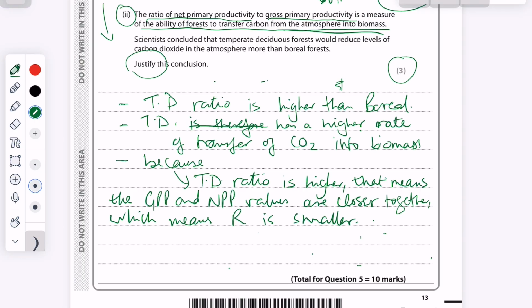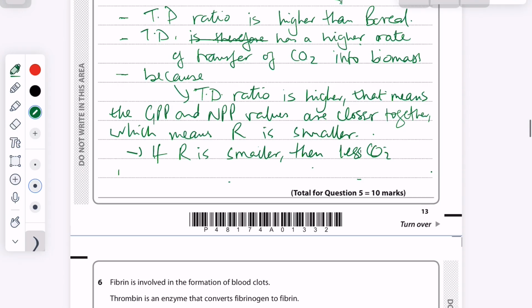And if R is smaller, then less CO2 is produced due to respiration in the temperate deciduous forest.